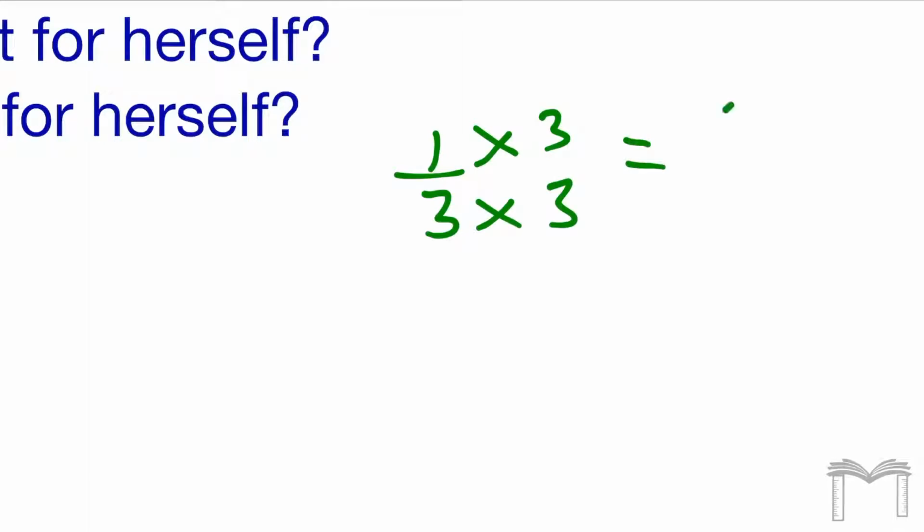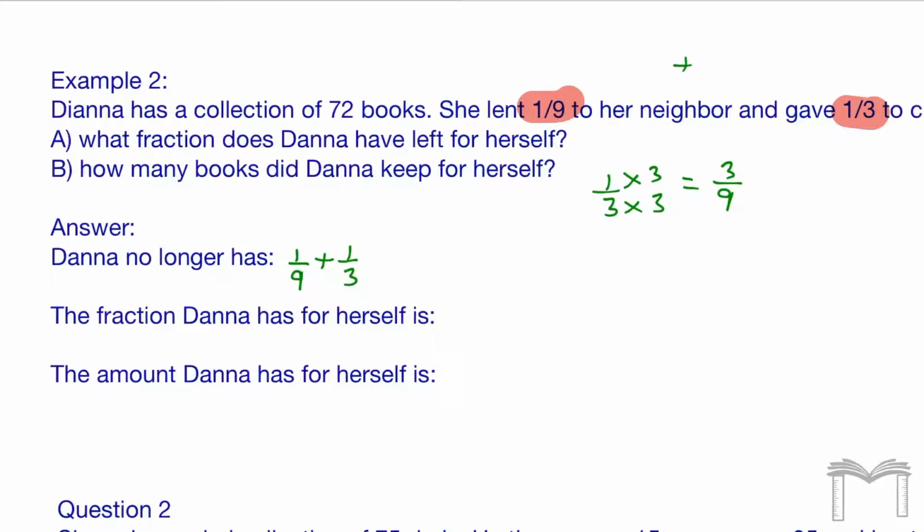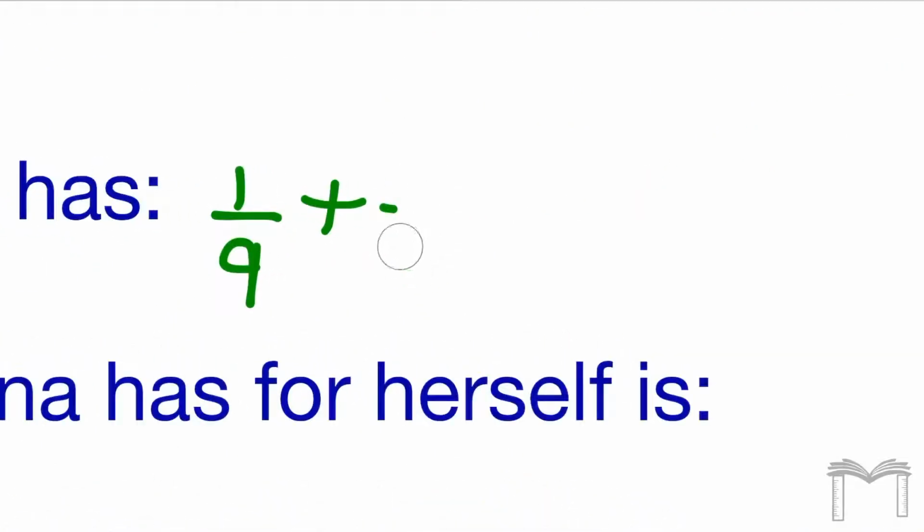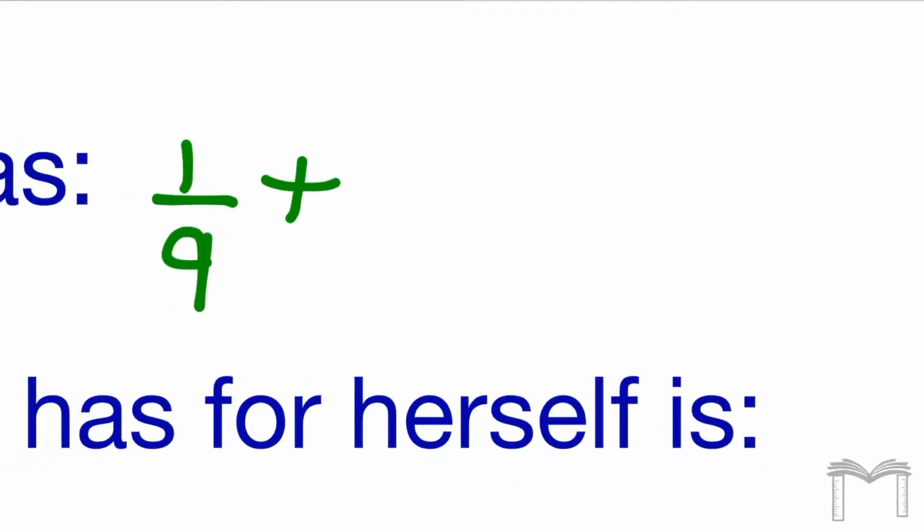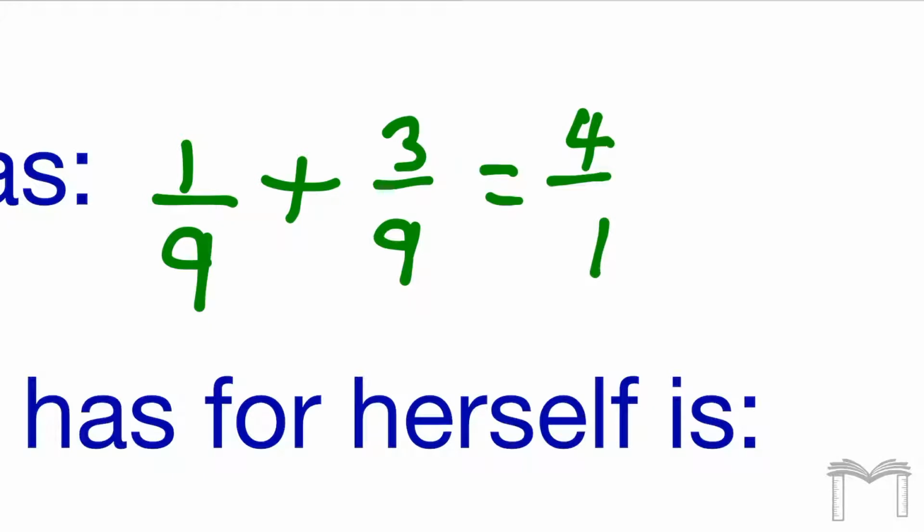So we can change 1/3 to 9ths by multiplying both the numerator and the denominator by 3. We get 1 times 3 is 3, and 3 times 3 is 9. So we're going to change this third to an equivalent fraction of 3/9. So 1/9 plus 3/9 is equal to 4/9. So that is the fraction that she has given away.